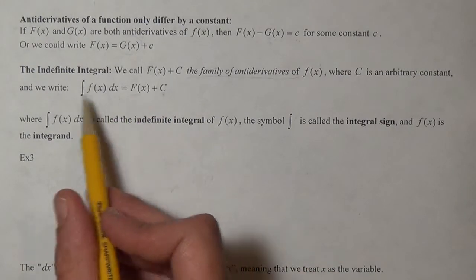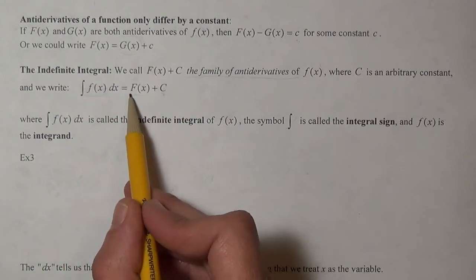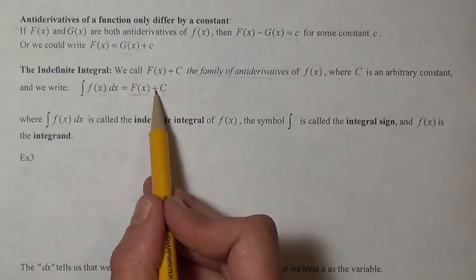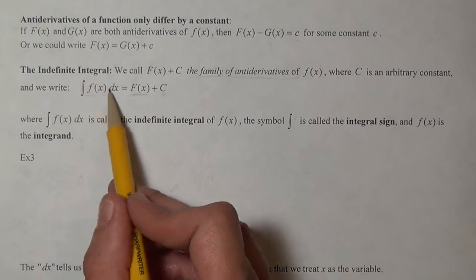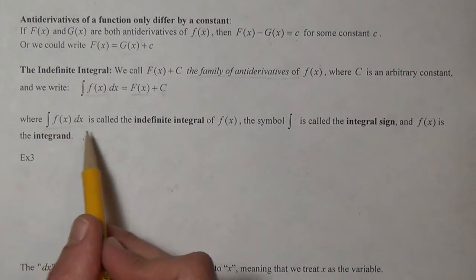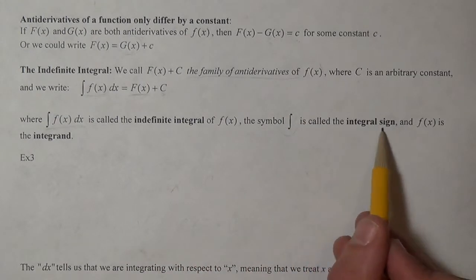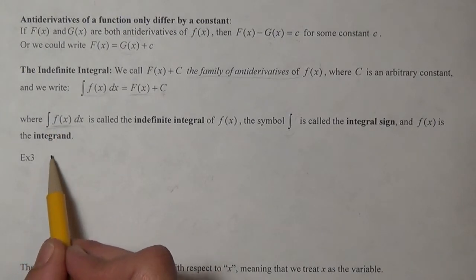So the family of all antiderivatives of this function can be found by taking one antiderivative and adding all possible constants. This notation is called the indefinite integral of f of x. This symbol is called the integral sign, and the function that you have in here is called the integrand.